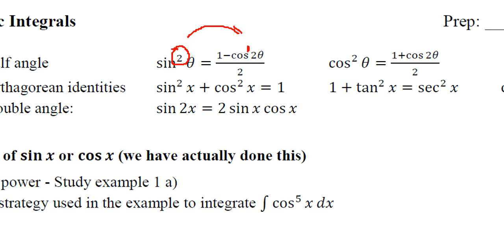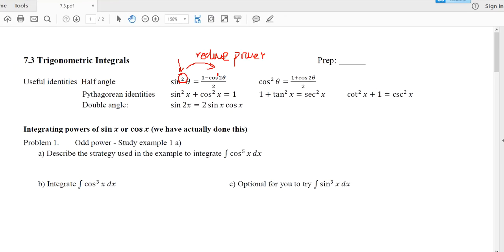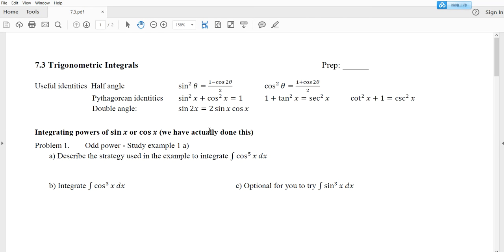So basically, this is to reduce the power of sine and cosine. You can use this when it's power 2. If it's power 3, then you don't want to use this one. Okay, this is the first one.